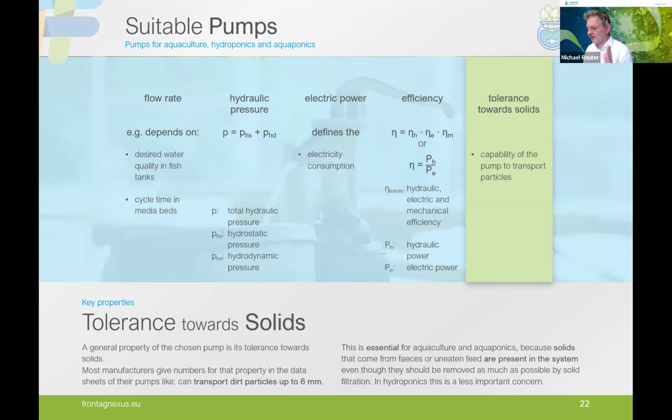So this is not as important as if you would put, for example, the pump inside of the fish tank. It would have to be much better with regards to the tolerance towards solids. And that's why we usually don't do that. Usually we let the water run by gravity to the solids filtration, to the biofilter, and only place the pump behind that.